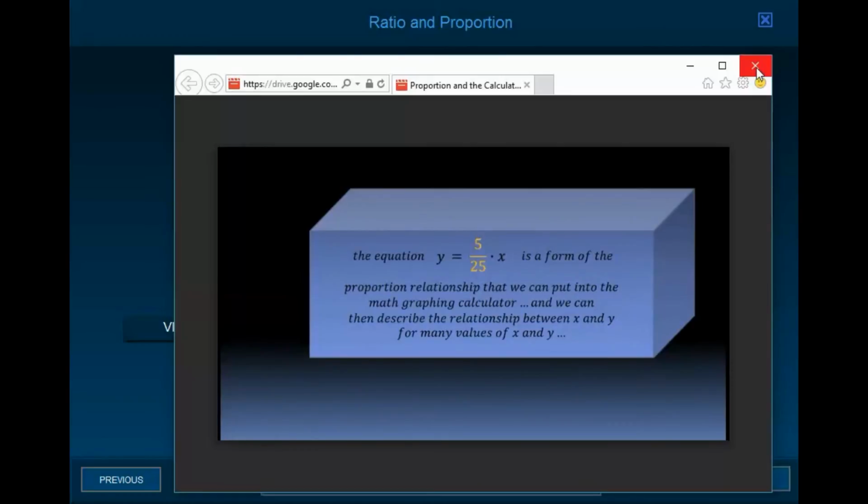The equation y equals 5 over 25 times x is a form of the proportion relationship that we can put into the math graphing calculator. And we can then describe the relationship between x and y for many values of x and y.